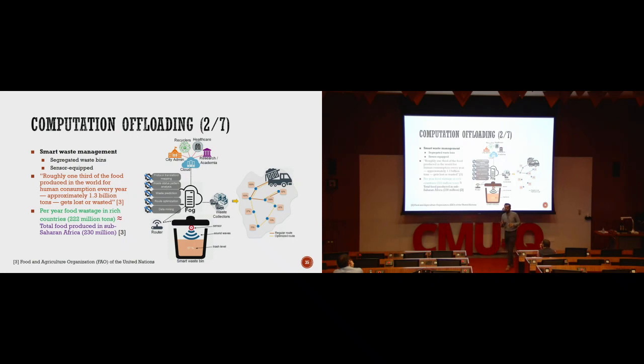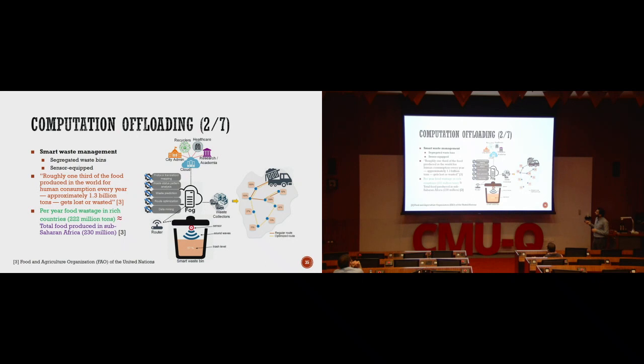Is it because they're living a luxurious life, or is it because they don't get enough time to cook the food for themselves? So probably they don't have a good work-life balance. Should we do something to make it better for them so that they can contribute well to society? All these things can be done through this kind of an idea.